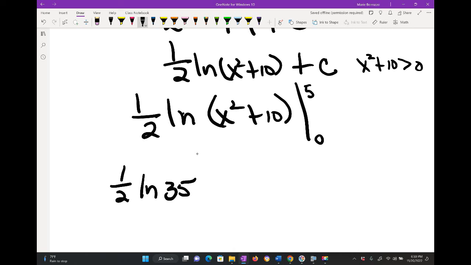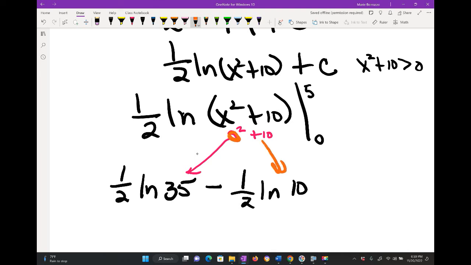If you didn't catch on where the 35 comes from, let me give you a huge hint: 5 squared plus 10 gives you 35. All right, plus, or actually minus, I forget. This is always minus, so b minus a. So 1/2 natural log 10. Obviously, if I'm putting in a 0 now, 0 squared is 0, plus 10 brings me over here.